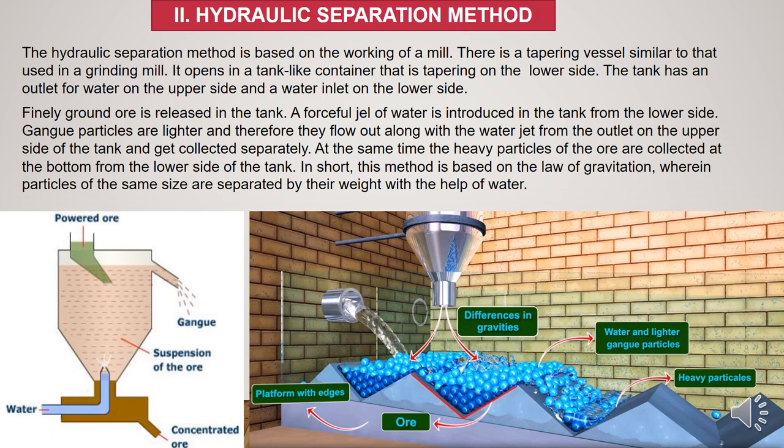A huge tank is there which is tapering at the lower side, and when a jet of high speed water फेंका जाता है ऊपर की तरफ, and whatever dust, particles, sand there is, they are light in weight. ठीक है, so what will happen, जो ऊपर की तरफ पानी का outlet है उसके थ्रू ये waste निकल जाता है, and the minerals, the ore which is there inside it, which is slightly heavier than the gangue particles, it settles down. Okay, and when they settle down they can easily be separated from the waste. So it is very simple.